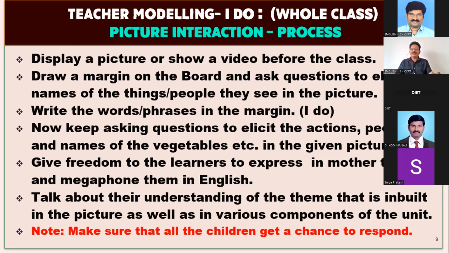And now the teacher has to write. I told you that we have to divide our green board into 3 margins: I do, we do, you do. Under this I do margin, you have to write the words, whatever we are getting from the students, and then some phrases, and then sentences.